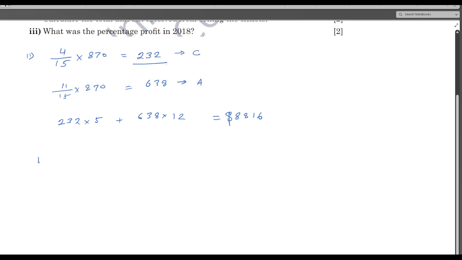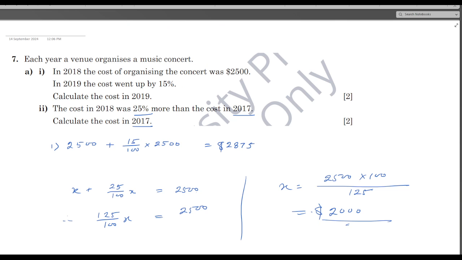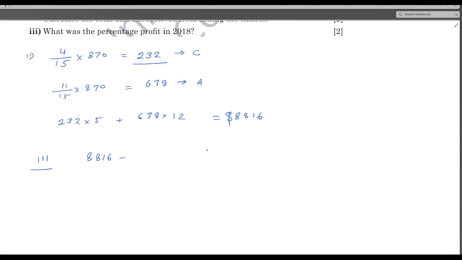Now for the third part, what is the percentage profit? So 8816 minus the cost of 2500, divided by 2500, times 100.